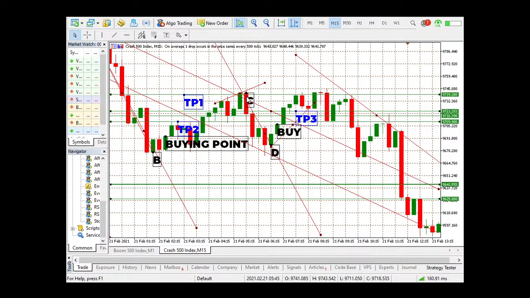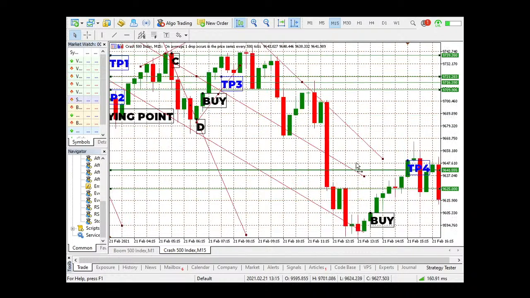And when you buy, between C and the buy point, you can set your TP, which is here. That's halfway between C and buy is your TP. So you TP and then you relax. You keep watching the market. So if you keep watching the market, you see that there's a downward trend again.